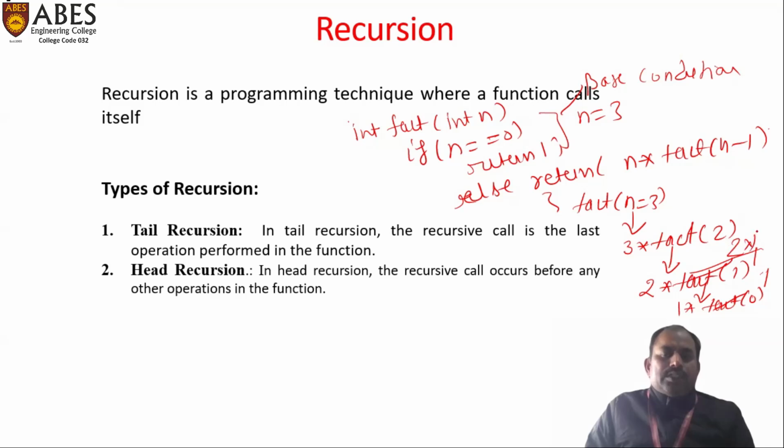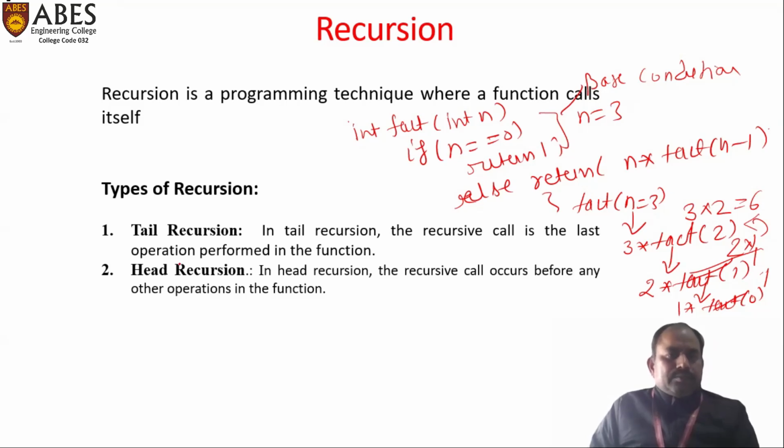Again, this value returns to the previous call, where we calculate 3 into 2, and we receive the value after calculation. This is the way we calculate the factorial of 3.